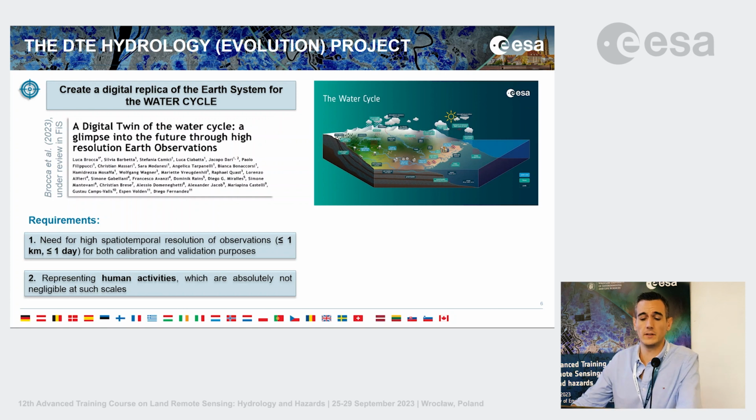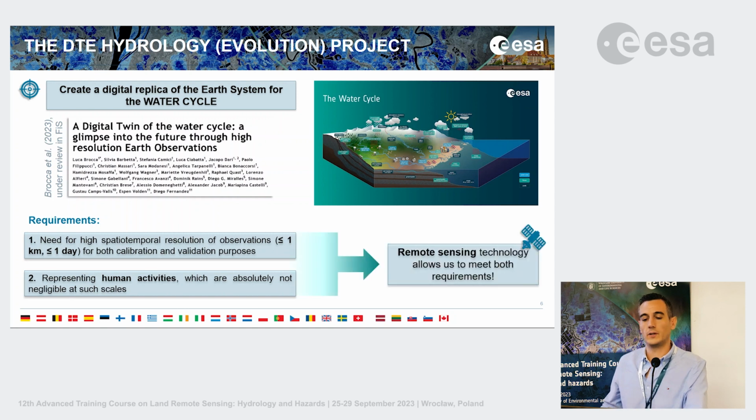And also there is the need, as we already saw yesterday in the presentation about irrigation, to represent human activities, because at this scale often they are not negligible. In this slide there is also the new version of the water cycle provided by ESA that I anticipated yesterday when talking about irrigation.